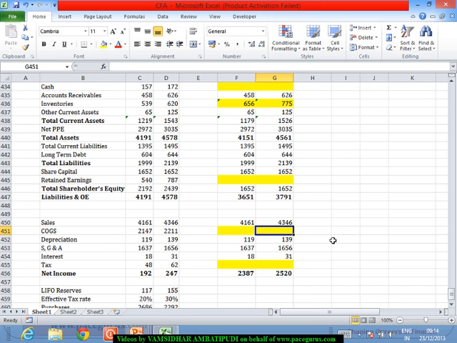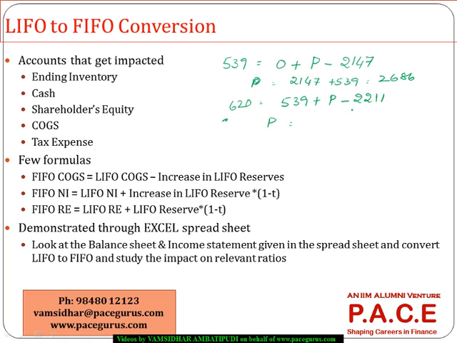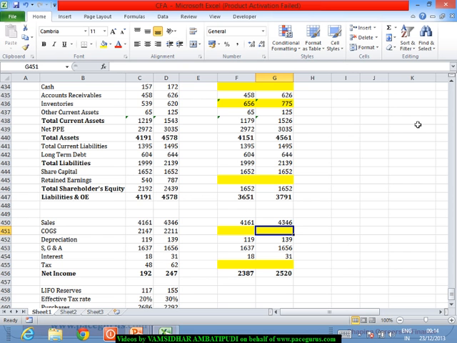When I want cost of goods sold, I can take purchases plus beginning inventory minus ending inventory. That is what can be considered as cost of goods sold for this period. So I will take the purchases during the year plus beginning inventory for this period minus the ending inventory for this period. So the cost of goods sold is actually coming down.